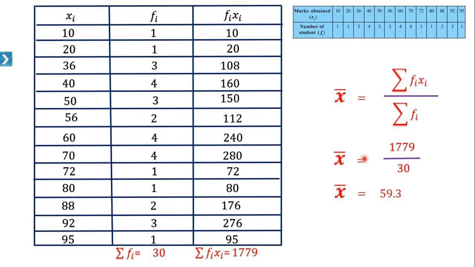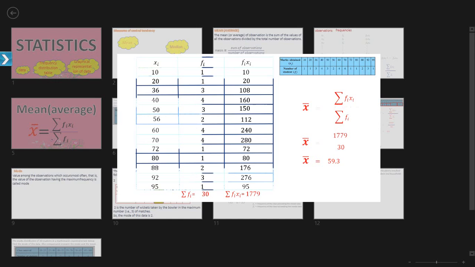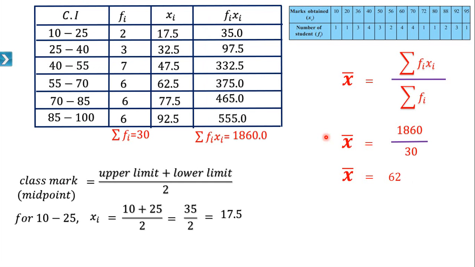At that time we got 59.3. And now we got 62, because we converted the ungrouped frequency distribution into a grouped frequency distribution, and we have taken the value of xi, that is the midpoint of the class interval.